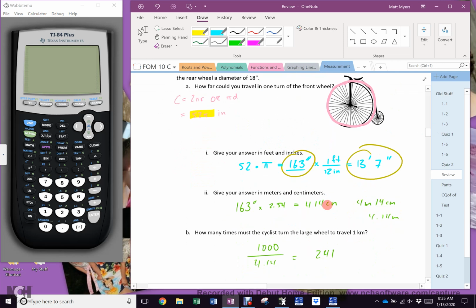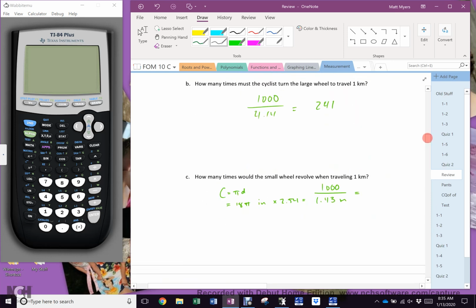Now in meters and centimeters, you take the inches, change it to centimeters, 414. Change that to meters, 4 meters, 14 centimeters. To travel 1 kilometer, 1,000 meters divided by the distance you could travel with one turn, 241 turns.